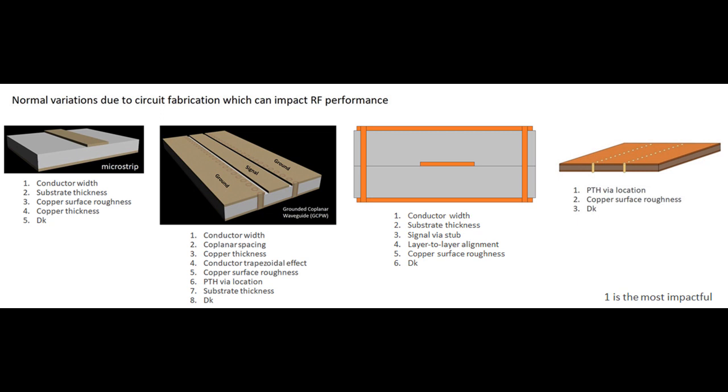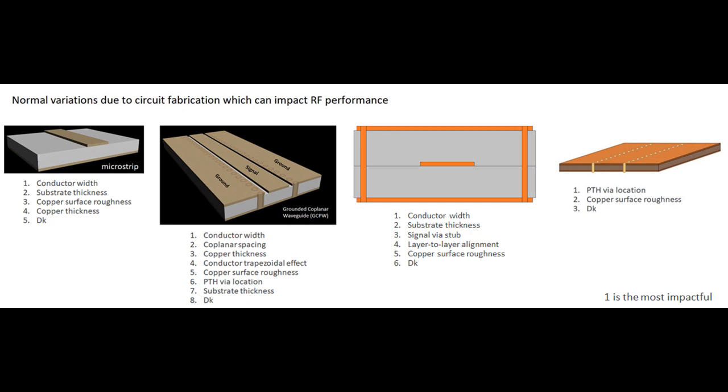So for microstrip, these different issues listed here are listed in order of significance, but also you've got to remember that microstrip is not heavily impacted. The RF performance of microstrip is not heavily impacted by these influences. However, in the case of grounded coplanar waveguide to the right of that, there's a longer list of influences that can impact RF performance due to circuit fabrication or material variations, and in this case they are pretty significant.